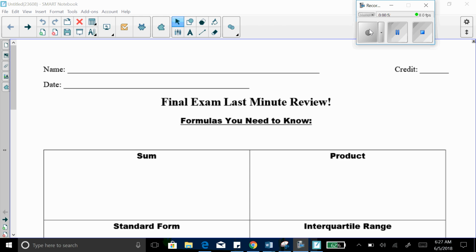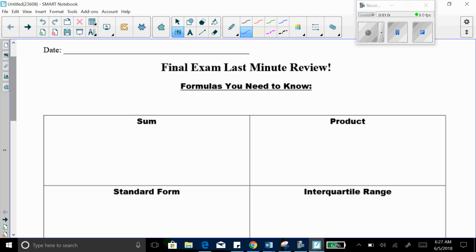All right, first we're going to look at some formulas that you need to know for your final exam. If something says find the sum of two different things, they're asking you to add. Remember, sum means add, and we've seen that a lot when it says find the sum of two polynomials. Product means multiply.